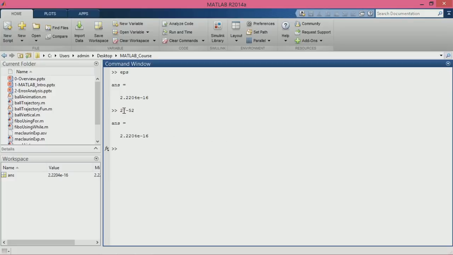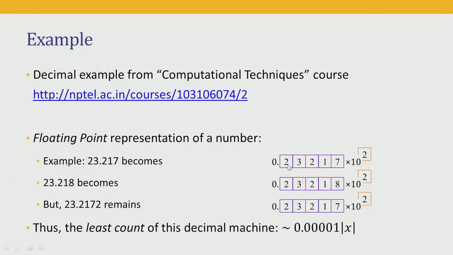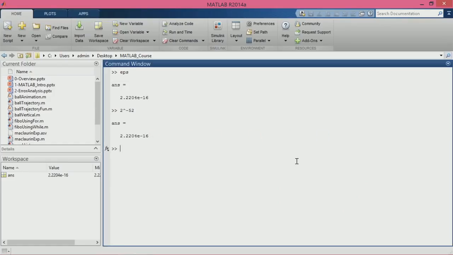The reason is because just the way we had a 5 digit representation of the mantissa in this decimal number, likewise the double precision real number that MATLAB uses, which is the IEEE standard, uses a 52-bit mantissa. So, the mantissa has 52 bits in it. So, the precision is 2 to the power minus 52.